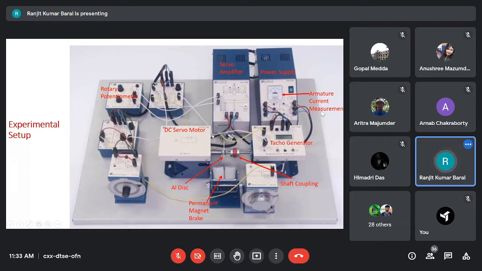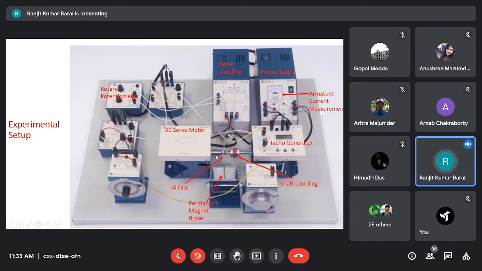Which is the cause? The rotation of the disc, or the rotation of the motor, because the disc is permanently coupled to the motor shaft. So when this disc cuts the magnetic flux, it opposes the motion of the motor, as if a mechanical load is applied on the motor shaft.